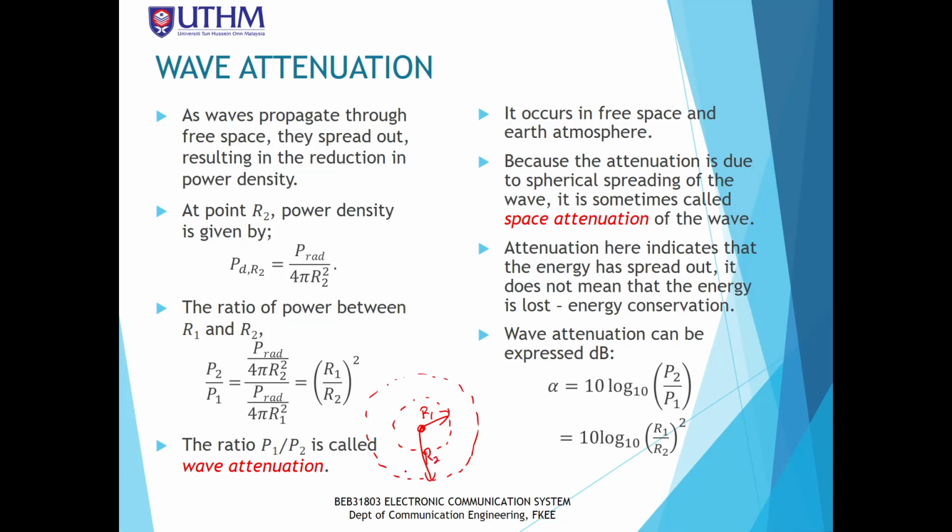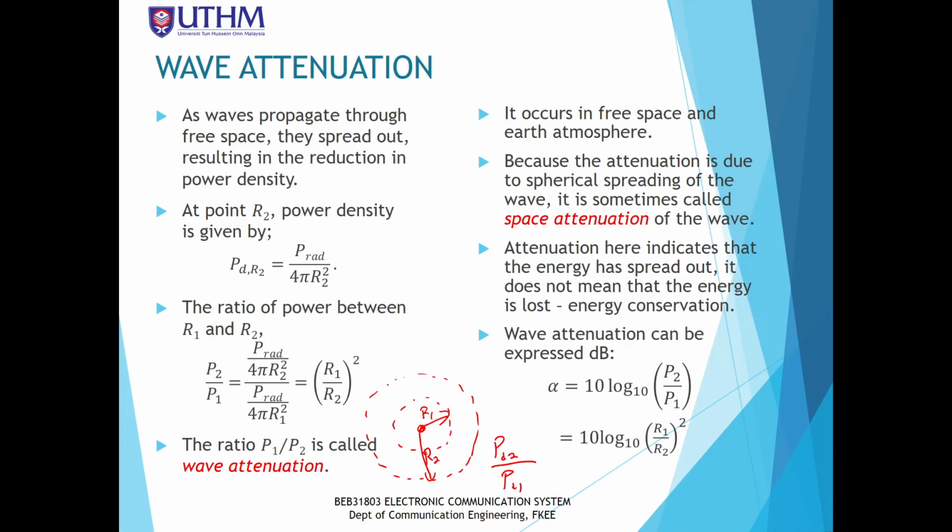R2 is further away compared to R1. So the ratio of the power density at distance 2, P2, divided by the power density at distance 1, is what we call the wave attenuation.